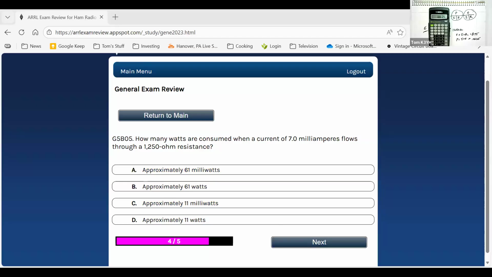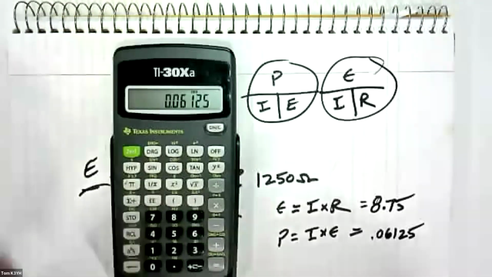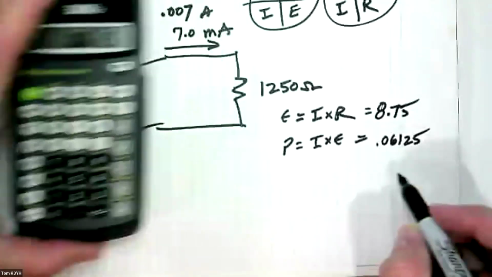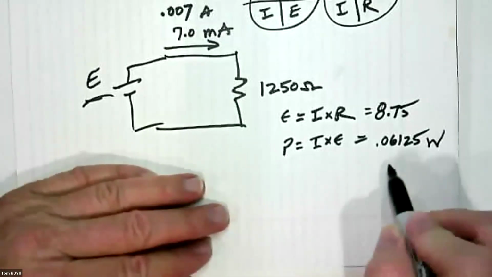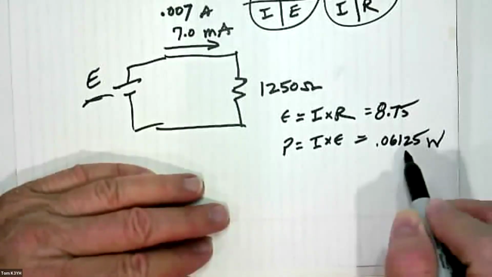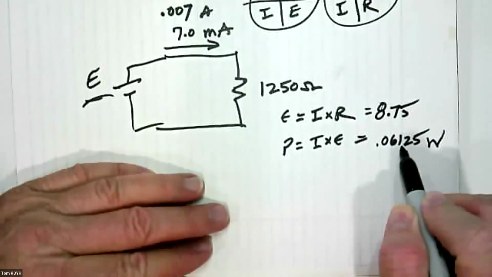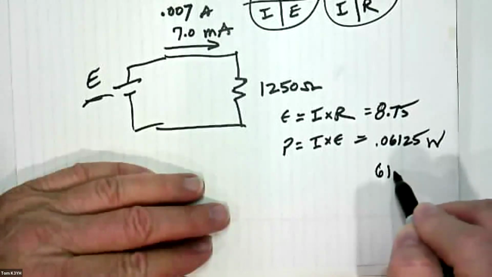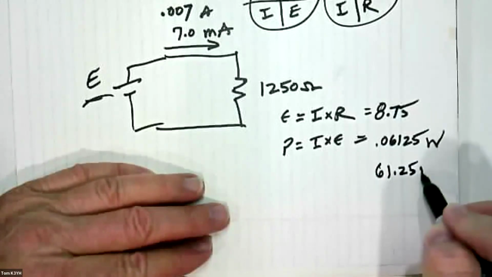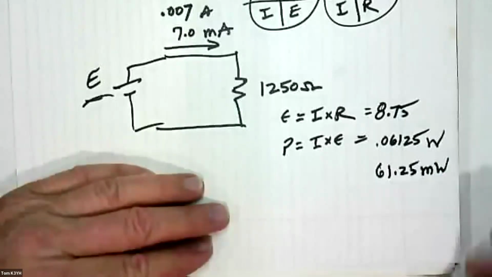Okay, let's go back. I'll show you on the pad here. 0.06125 watts. If I want to convert this to milliwatts, I move this decimal point 3 places to the right. So this is 61.25 milliwatts.